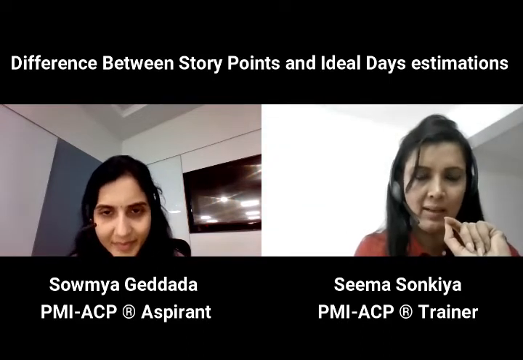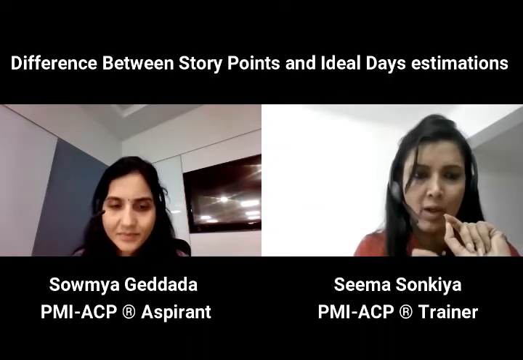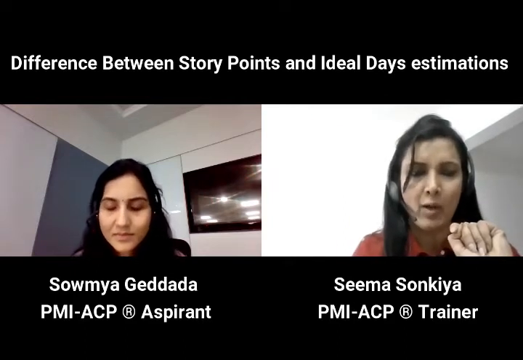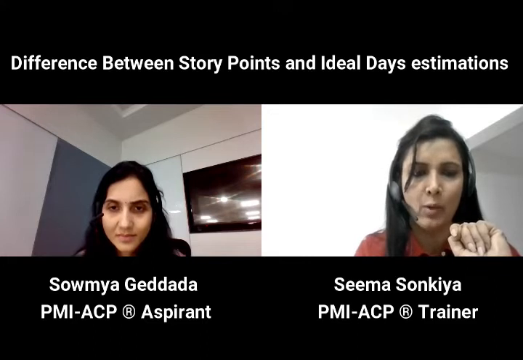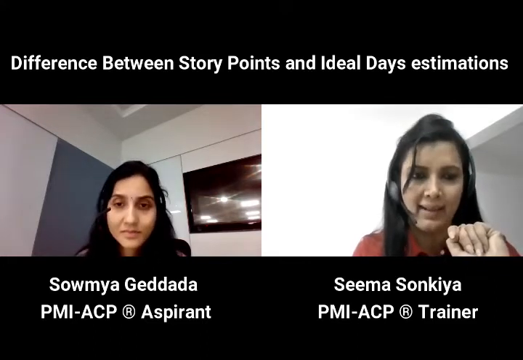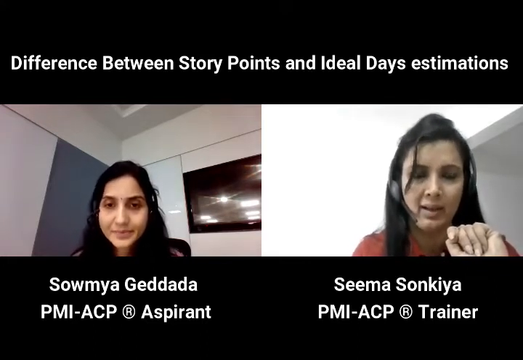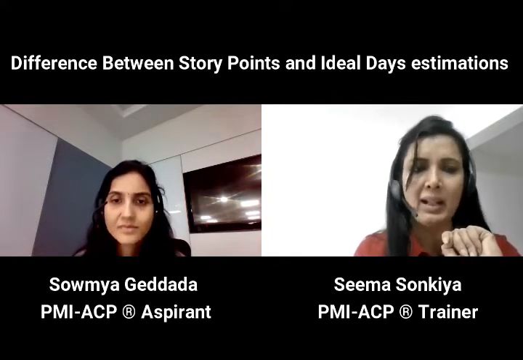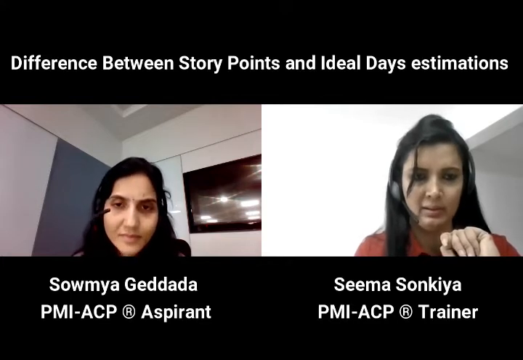Scope is already clear, though there could be some assumptions, and taking care of those assumptions, we know what we are sizing. There is no conflict in it. If we have conflict, then we resolve those conflicts and then come up with the points.